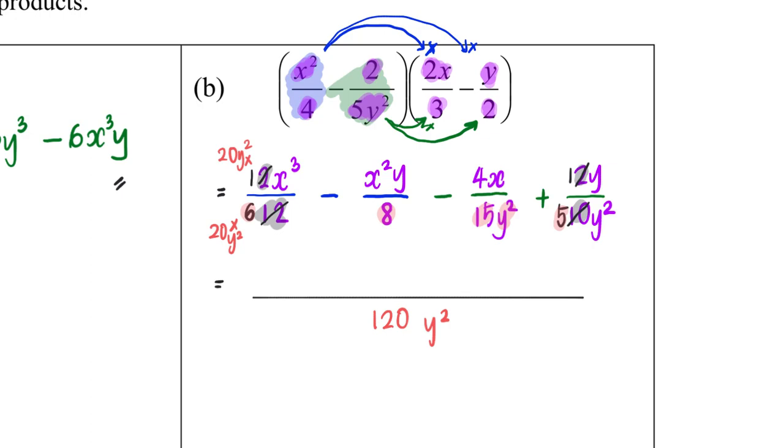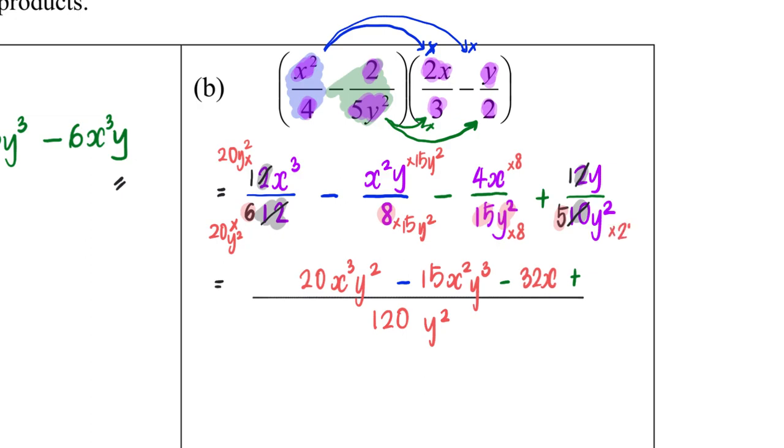So that on top here would be 20x cubed y squared, minus, I will have to multiply by 15y squared so that this one will become 15x squared y cubed, minus, this one I will have to multiply by 8 to give me 32x, and the last one I will have to multiply by 24 to give me 24y.